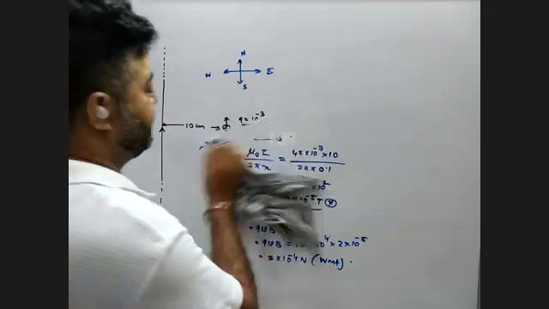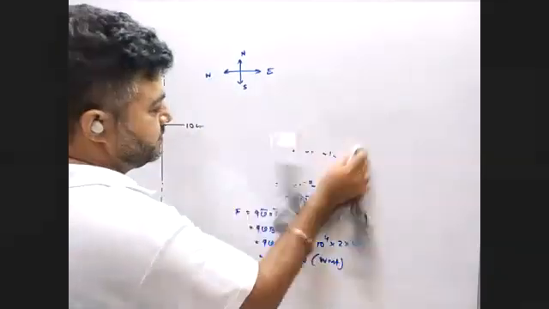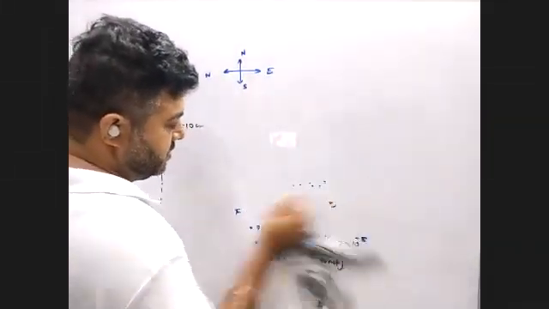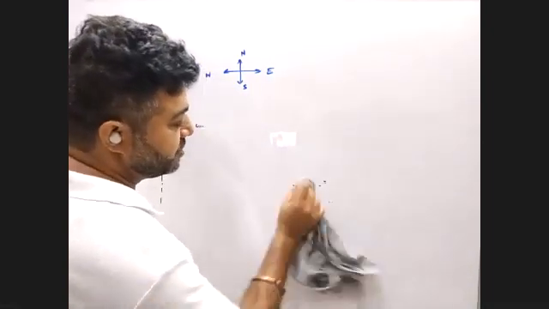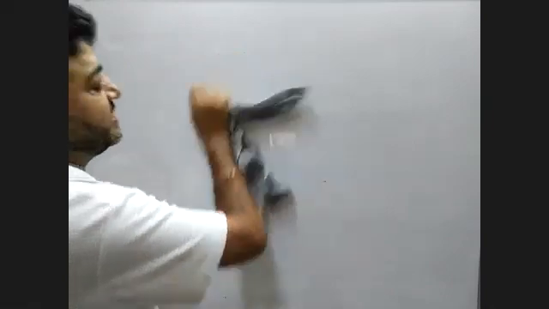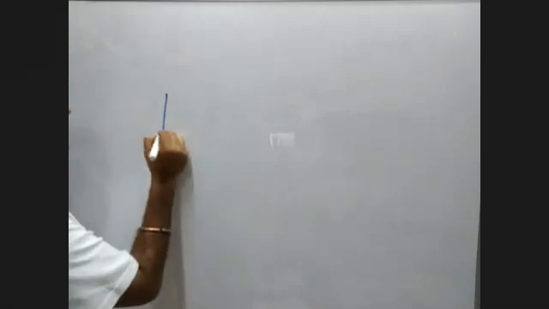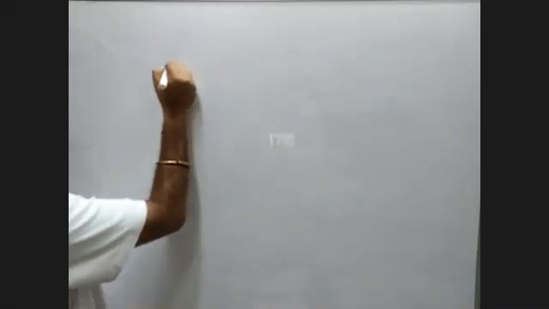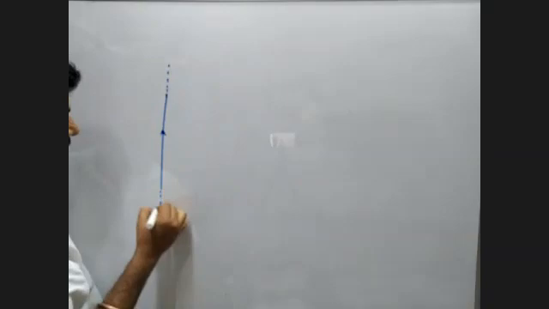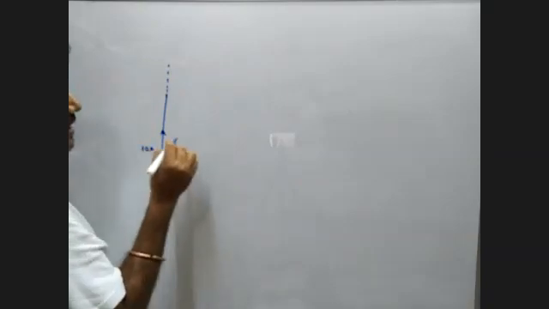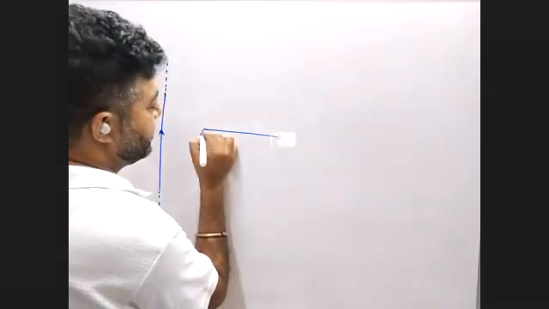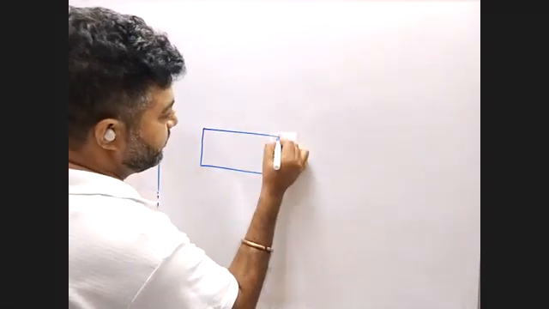Now the next type of question, type 3. I just show you each type of question, one from each type. They just change the data. Next question: an infinitely long current carrying conducting wire, suppose 10 ampere, and you have a rectangular loop.